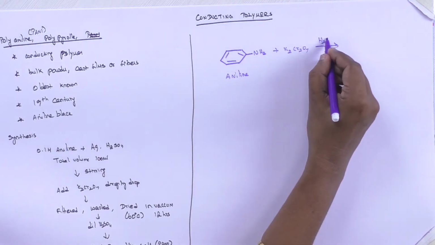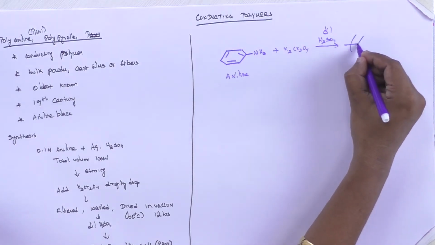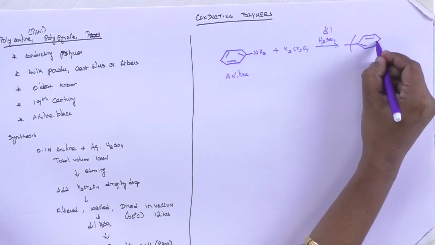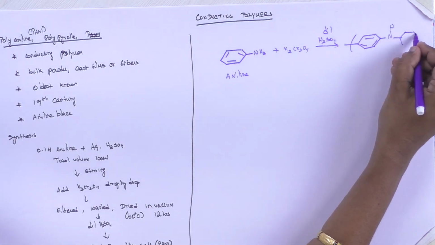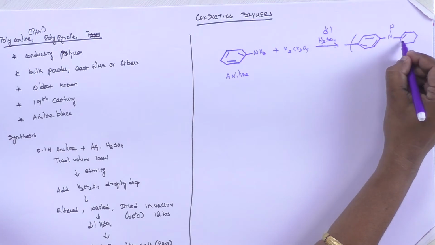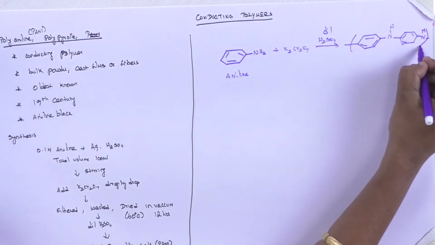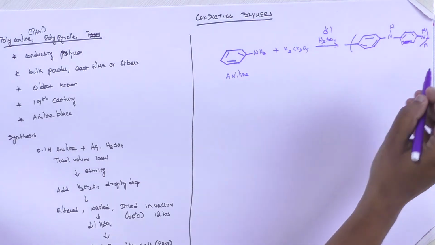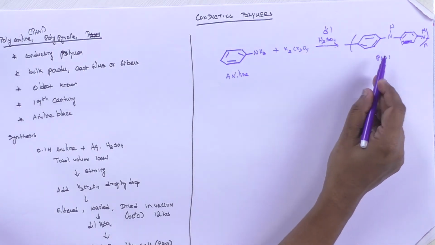In the presence of dilute sulfuric acid, I get a polymer like this, which is PANI: a ring, NH, and so on, n times. The polymer chain will be repeated n times. So this is nothing but polyaniline, PANI.